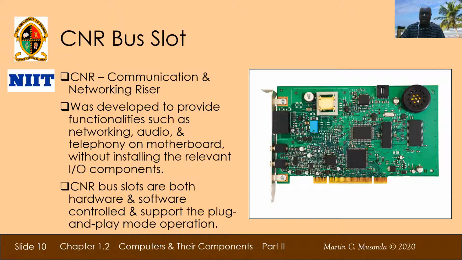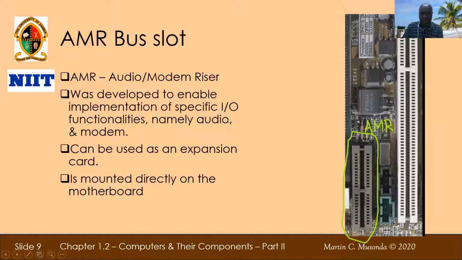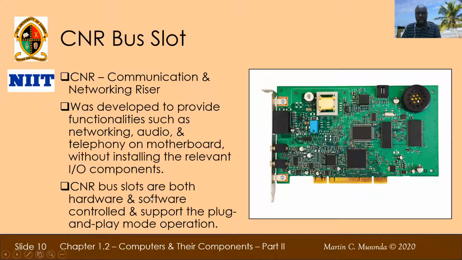But others, you can also control by using software. And like here, you may have noticed these AMR buses were not supporting control by software, and they were also not supporting plug and play.